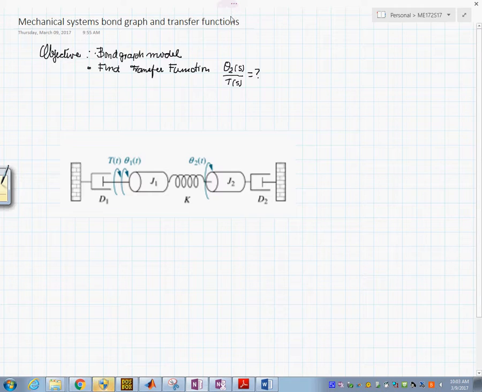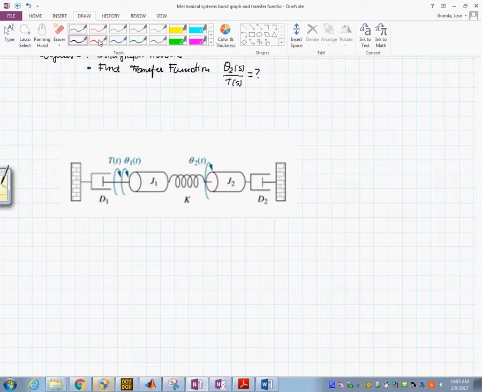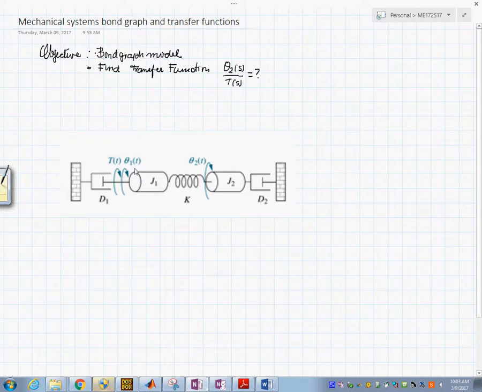To achieve this, I am going to draw the bond graph model right on the system itself so as to relate one-to-one to the physical system. So I'm going to write one junction for omega 1, which we can write in these terms, theta 1 dot.